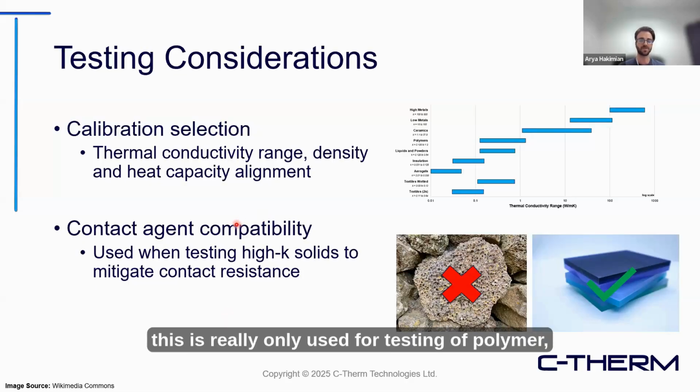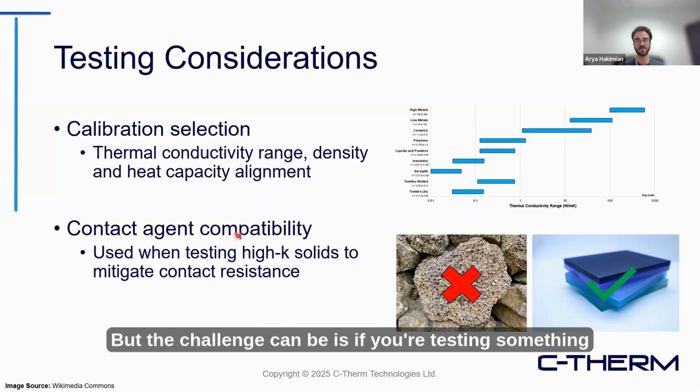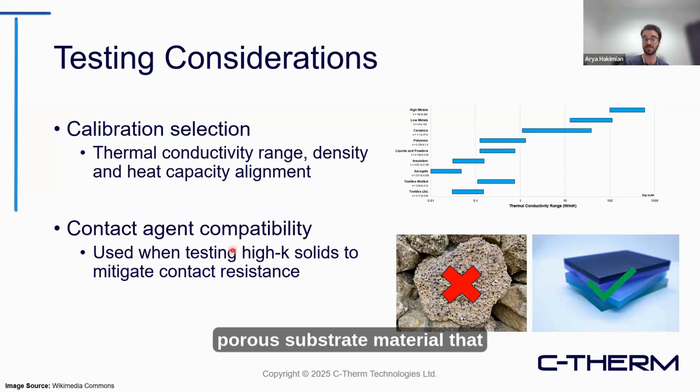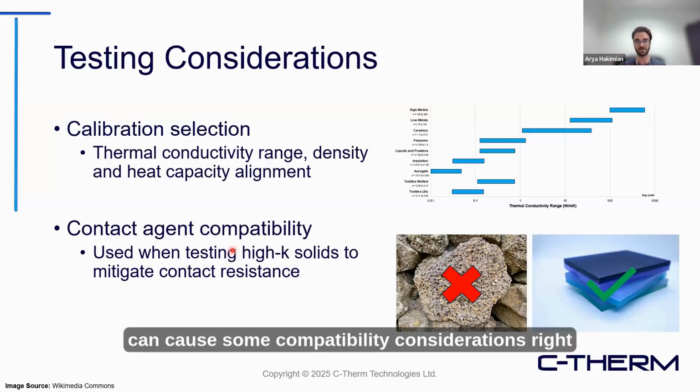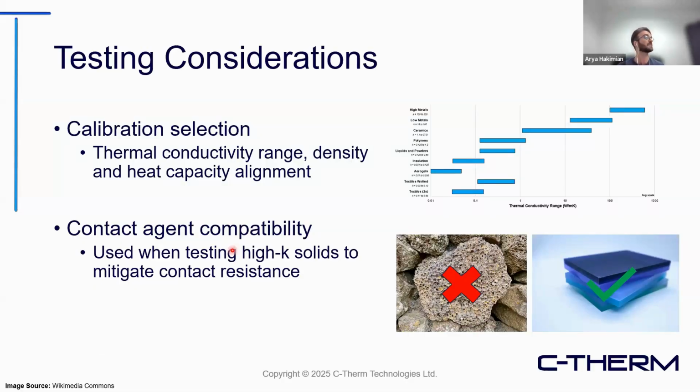Now, this is really only used for testing of polymers, ceramics, and metals, but the challenge can be if you're testing something that is potentially hygroscopic, or a conductive but porous substrate material, that can cause some compatibility considerations. And actually, the next method we're going to talk about, which is the more traditional TPS, is how you would get around some of those potential challenges.